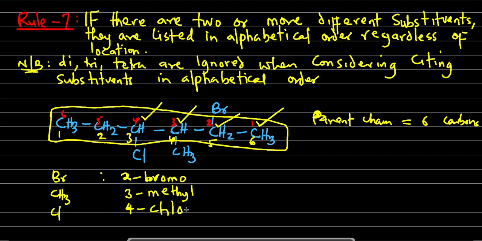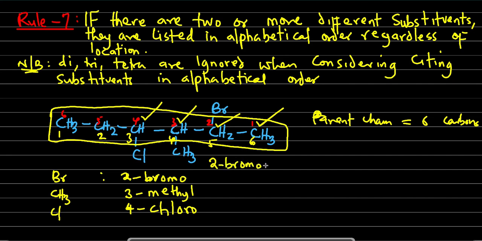Now, if you look at these three substituents alphabetically, the one that comes first is B. Remember we said regardless of the position, we don't look at the numbers. So the one that comes first is B. B comes first alphabetically. After B is C, then M. So we're going to arrange this guy alphabetically. So this becomes 2-bromo. Right.